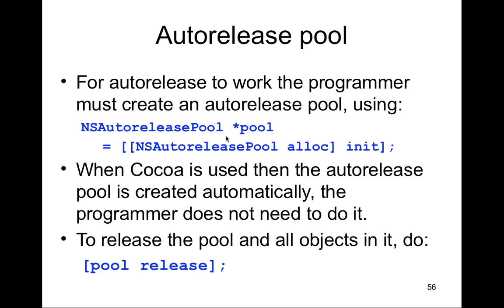Because we said retain or allocate, does that mean both are the same? Instead of alloc, if you put a retain there, it does the same? Yeah. So we put this at the beginning of the code, put this at the end of the code, and put all of our object references in between. Here, you have to do alloc to create the object. This is initializing the object.